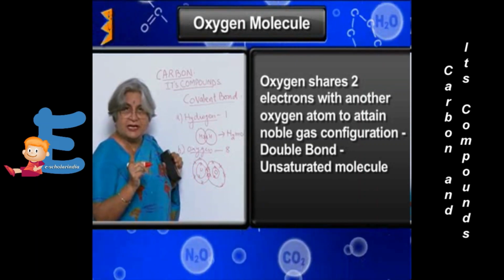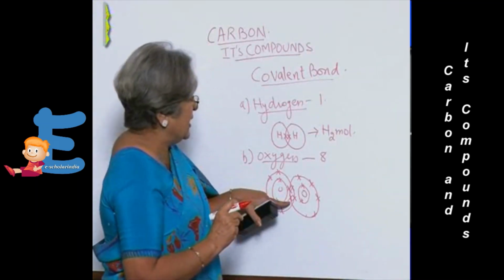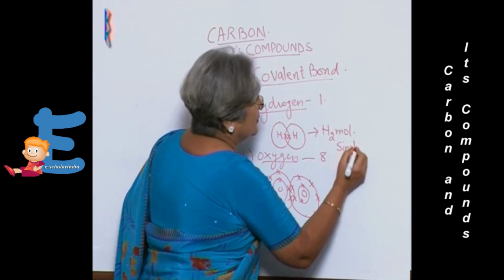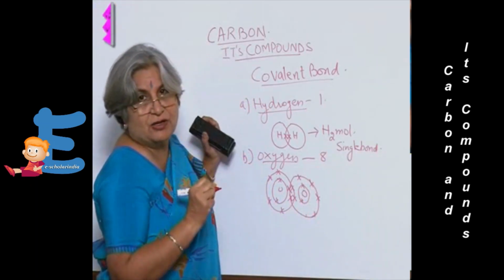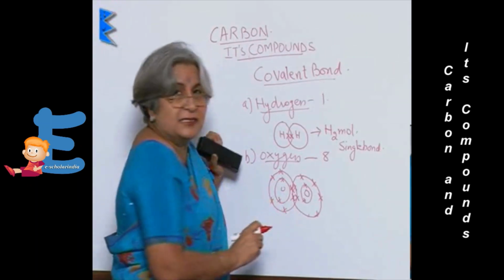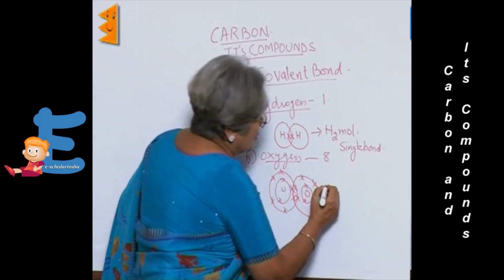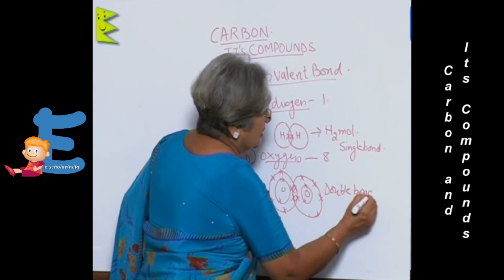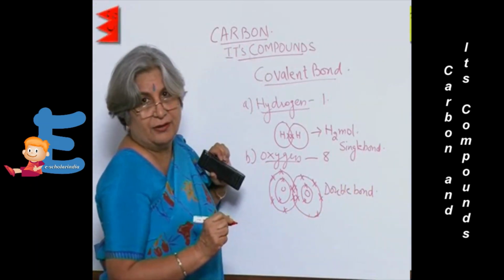That means now the sharing is of 2 electrons. So whenever there is sharing of 1 electron, it is called single bond, and the molecule is called saturated, that means fully satisfied. And when there is a double bond, where 2 electrons are shared, it is called a double bond, and this is called an unsaturated molecule.